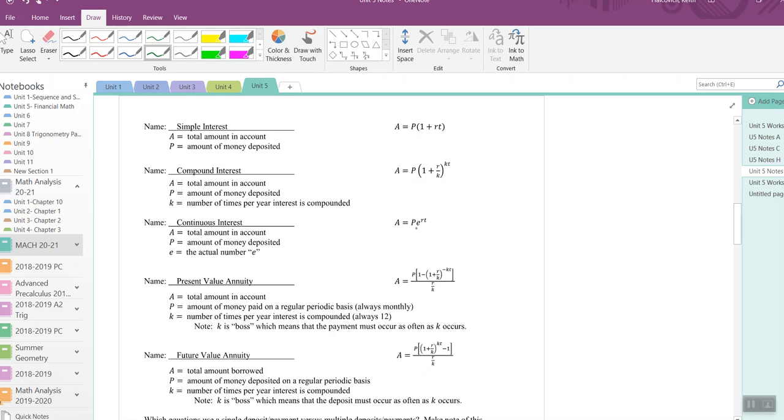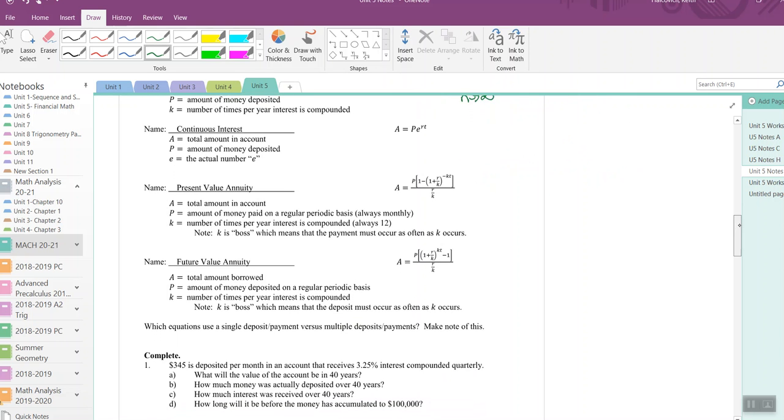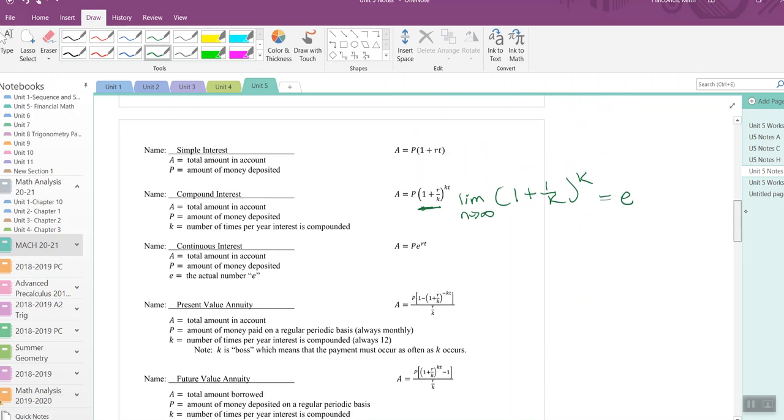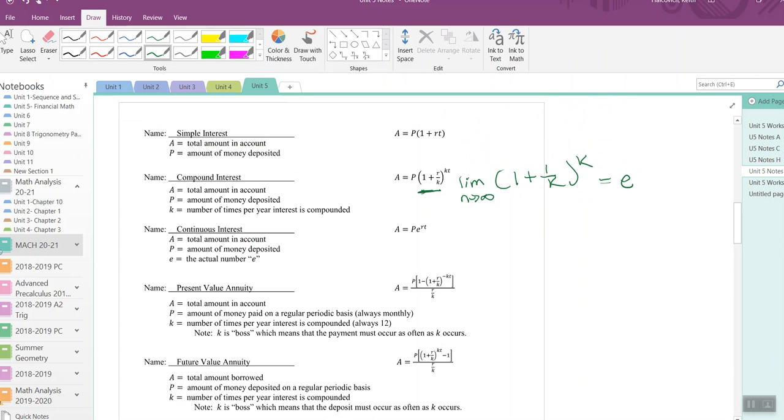Compounded continuously is P e to the rt, because remember, (1 + 1/k)^k, the limit as n approaches infinity, is e, so that's why you replace that part with the e in the compounded continuously formula. You do not need to memorize the formulas, you just need to know what they look like so that you can apply them to specific problems.